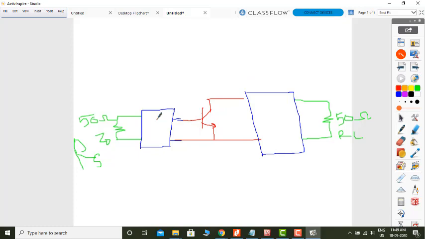Now, because of the introduction of this matching network, we will be able to get the maximum gain of GS. And the device can give the gain of G0. And because of the inclusion of the matching network at the load side, we will be getting the gain of GL.